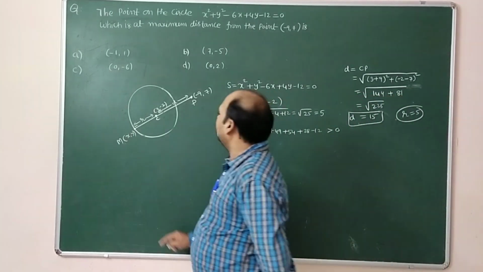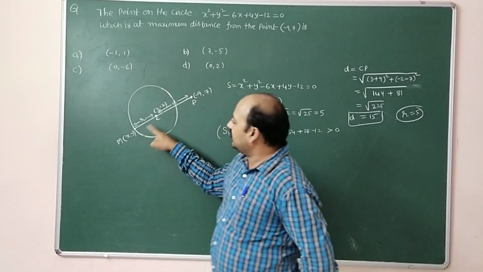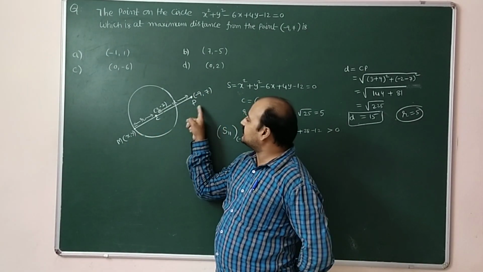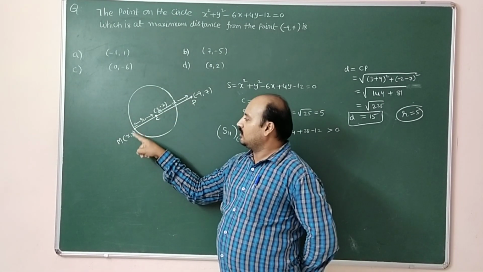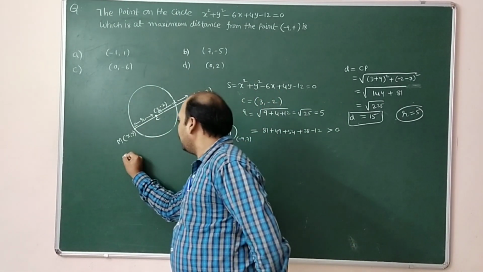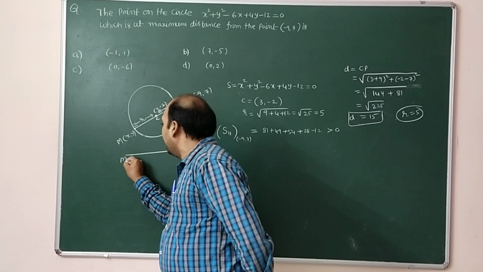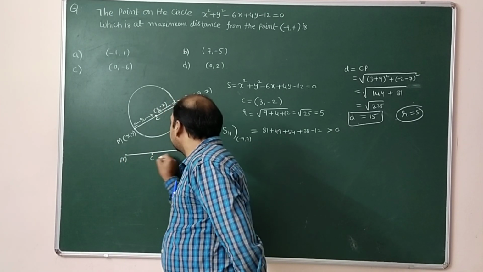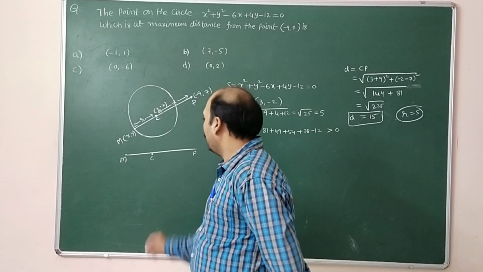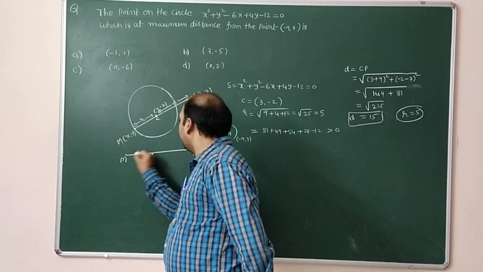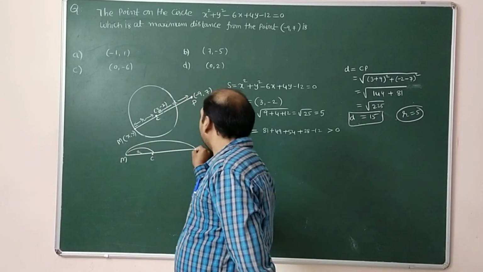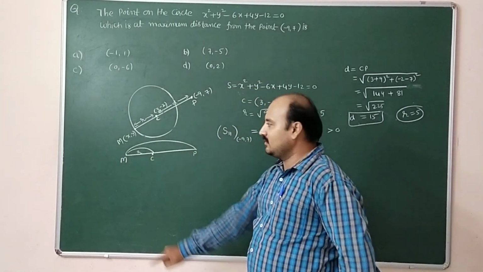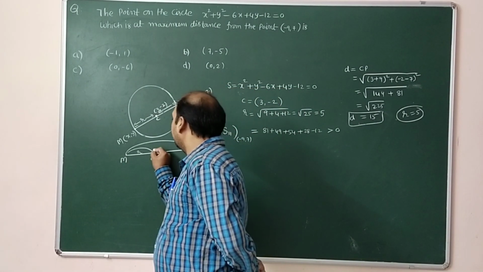But by observing C point, the point M divides CP in the ratio of R is to, see here according to this figure, separately I am drawing M C P. From here to here it is radius. It is external division. You remember, external division.